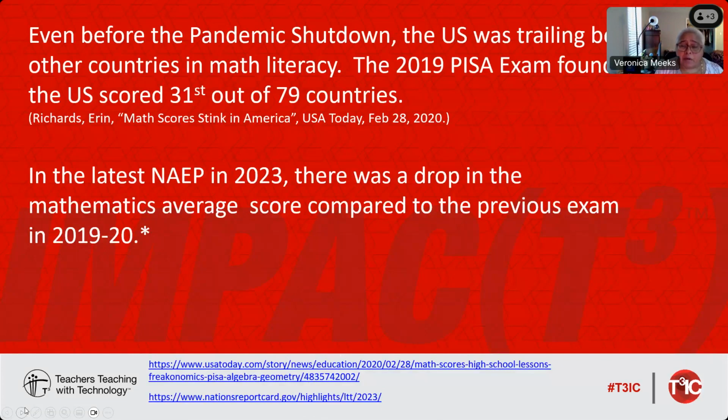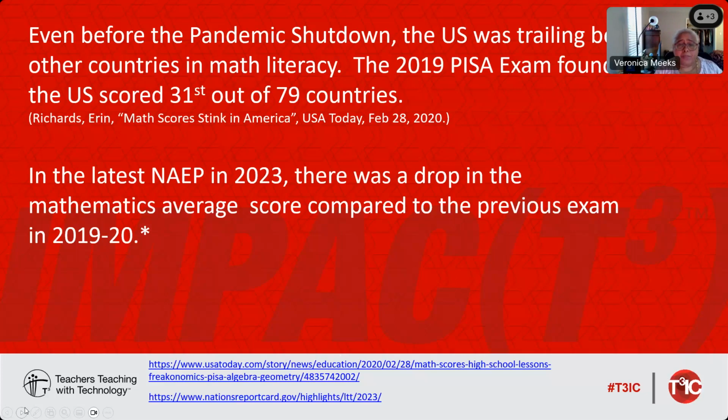As for current data, they just shared the NAEP data, the National Assessment of Educational Progress, for 2023. There was a substantial drop in the mathematics average score compared to the previous exam in 2019 and 2020.